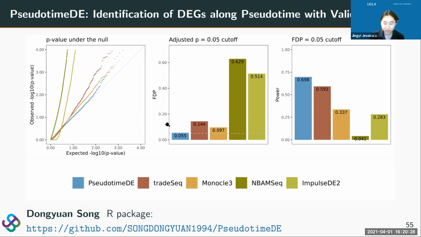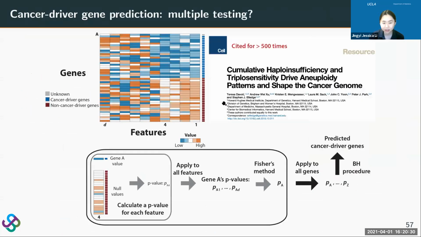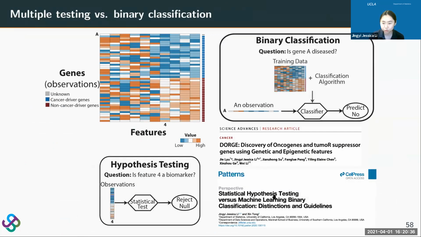So related to that, another piece of work we did, a perspective article I wrote, is about the distinction between hypothesis multiple testing and binary classification. So in a collaborative work with cancer biologists, we tackled the cancer gene prediction problem using binary classification instead of hypothesis testing, which was used a lot in the field.